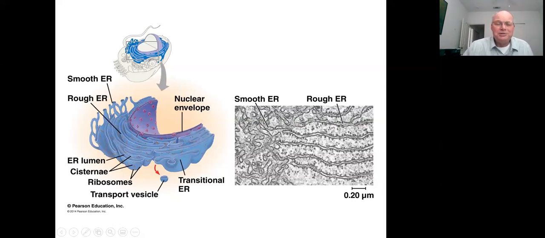But if I don't, just remember that transitional ER is, at least as far as the book is concerned, a recognized third form of ER, but it is basically just a specialized part of the rough endoplasmic reticulum. So here you can see electron microscope images of both the rough endoplasmic reticulum with its ribosomes and the smooth endoplasmic reticulum extending off that as a more tubular, irregular structure.